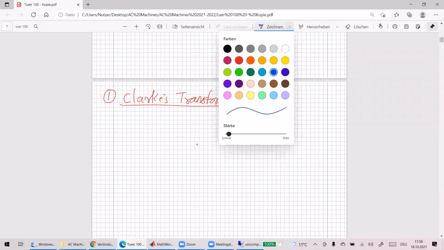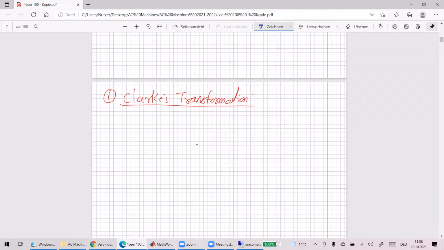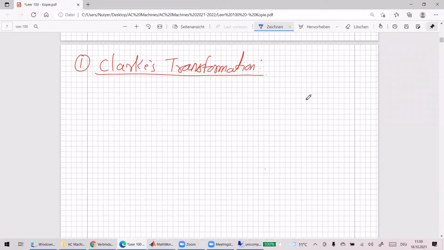And we will use here the state space representation. We will not use the phasor diagram representation. You should always consider the state space representation. So we have the A axis in this direction, the B axis in this direction, and the C axis in this direction. To transform this three-phase quantity to a two-phase quantity, it's very simple.